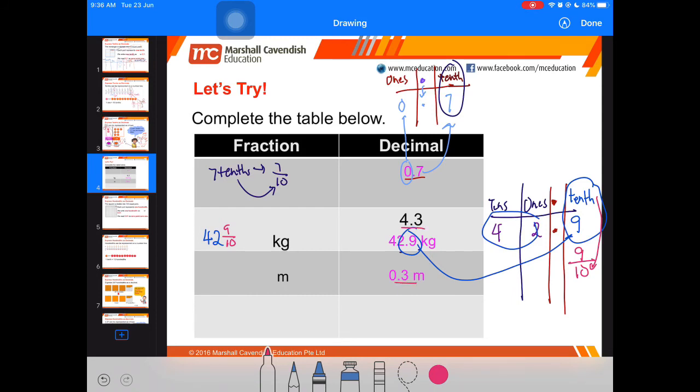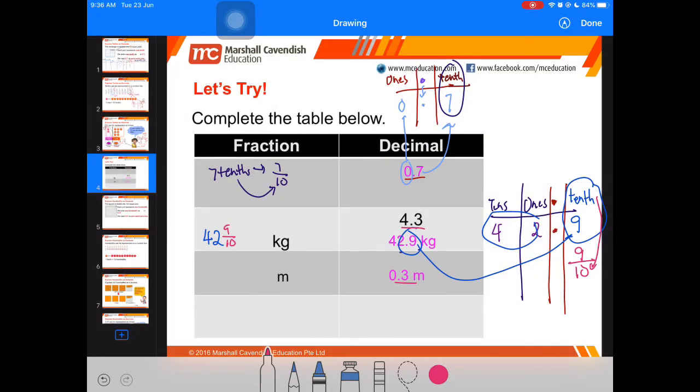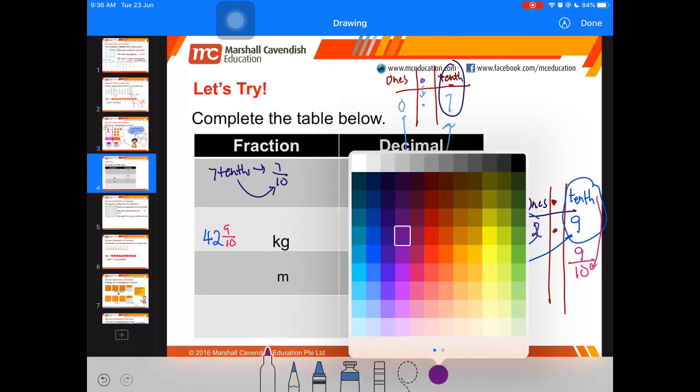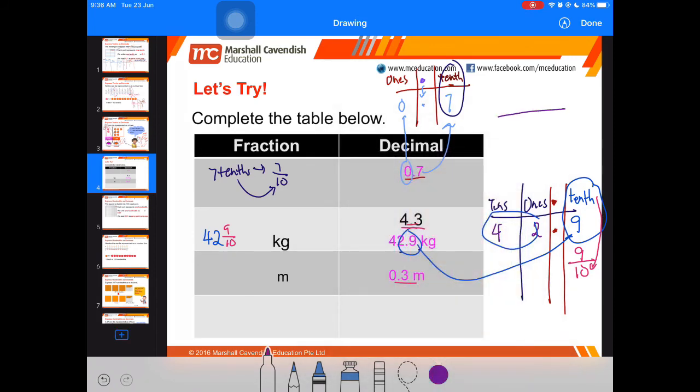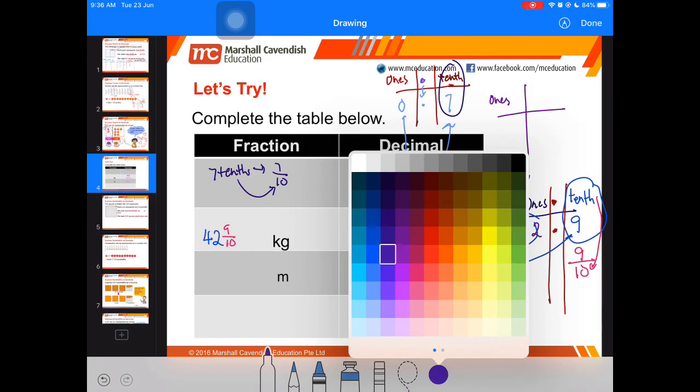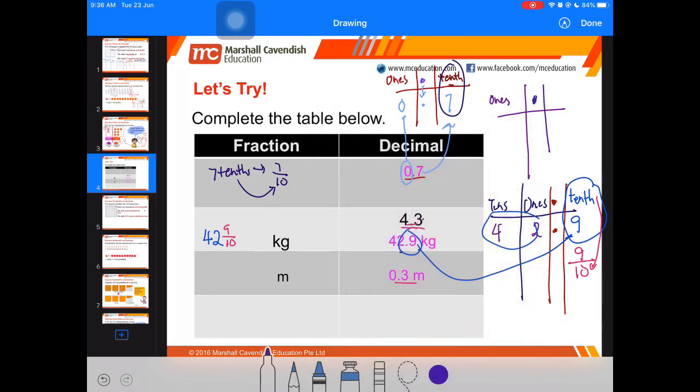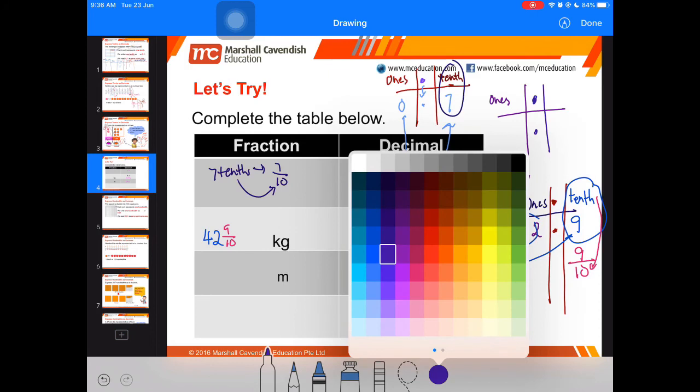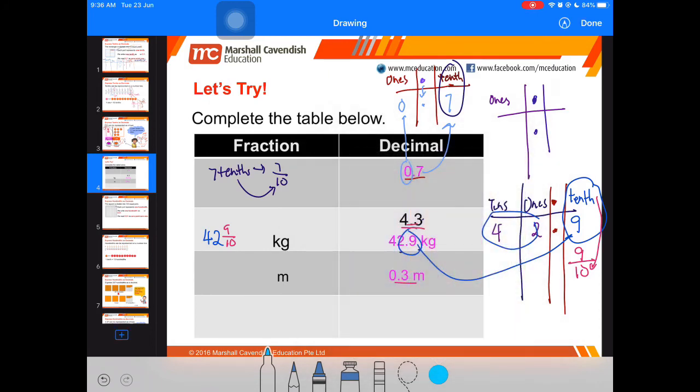Now, do it now. Okay, so you have done it. Let's try 4.3. Let's do the place value. We have ones, and then the decimal point. What's the next place value after the decimal point? Yes, it's tenth, with the TH.